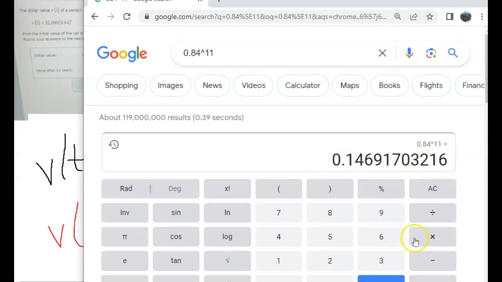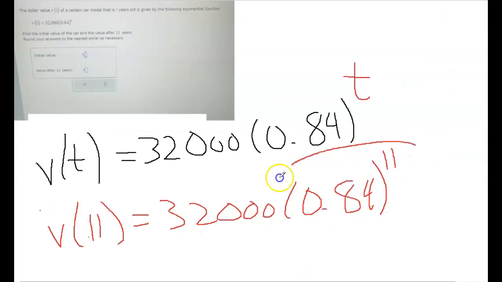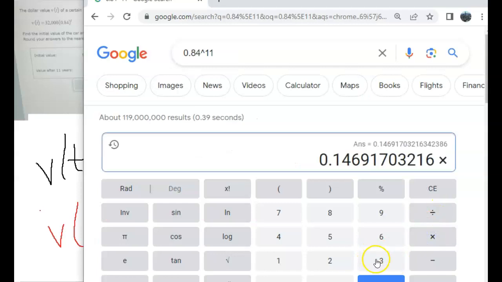And then I want to multiply that result by 32,000. If I hit multiply by 32,000, this would be the value now after 11 years for that car.